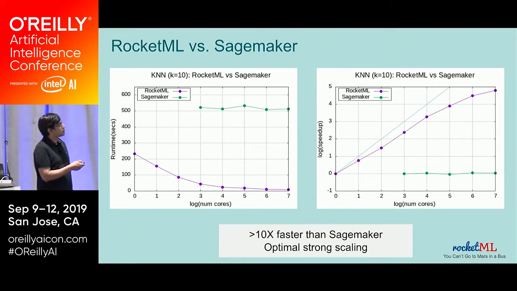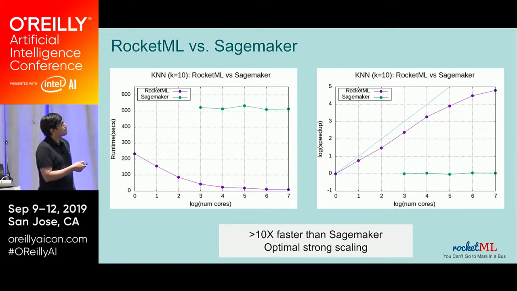The blue line here is the optimal scaling. That is what you strive for. That is, you increase your number of cores from 2 to 4, you want your problem to get done twice as fast. In a lot of embarrassingly parallel problems, you can actually achieve this because there is no communication between the machines.